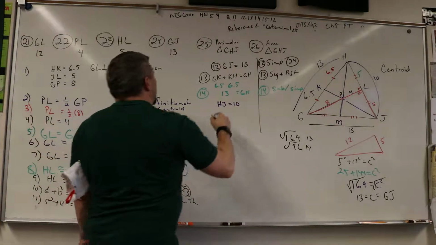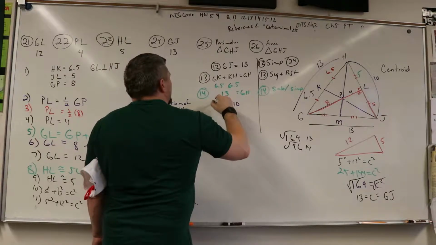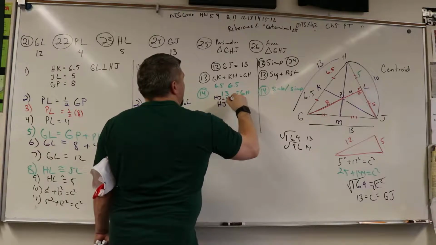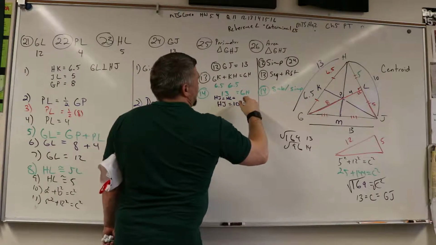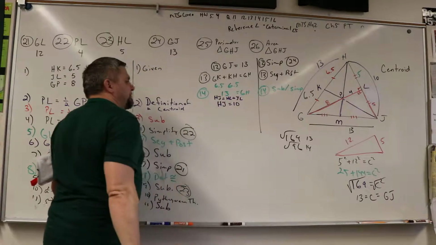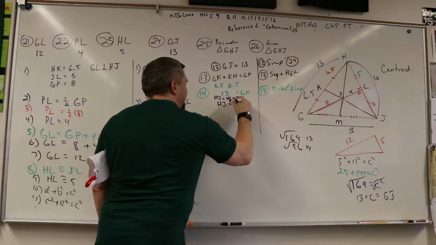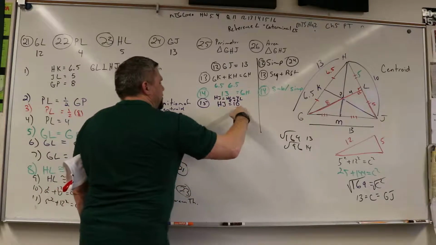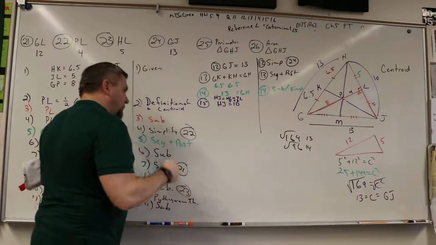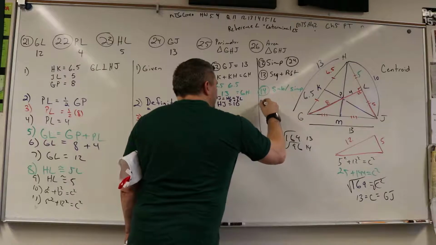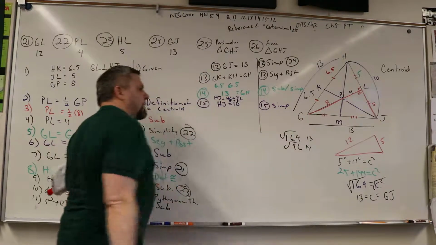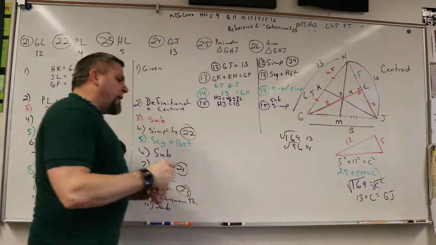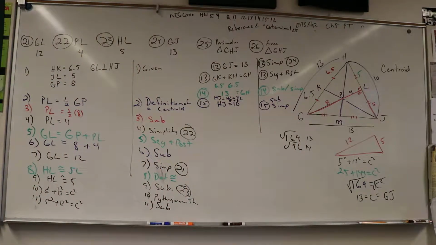And remember, HJ was equal to HL plus JL, right? So 5 plus 5. Okay, so that's 10. So HJ is 10. Okay, and that's simplifying and substitution. Right?